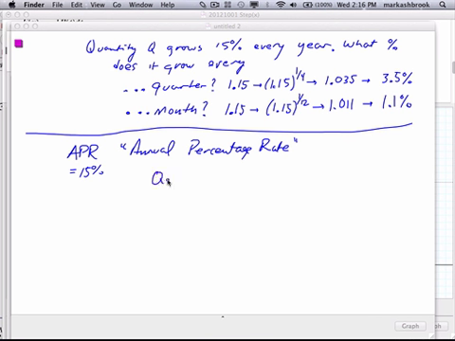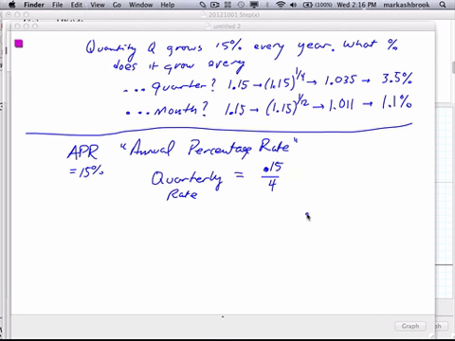The quarterly rate is exactly what we said you can't do. This is the way that banks handle it. I don't know the history behind this, but this is what they do. To get the quarterly rate, they take 0.15, the percent increase, and divide by 4.